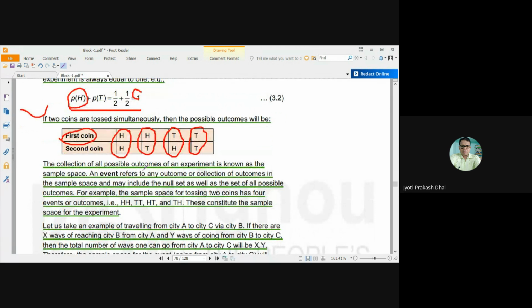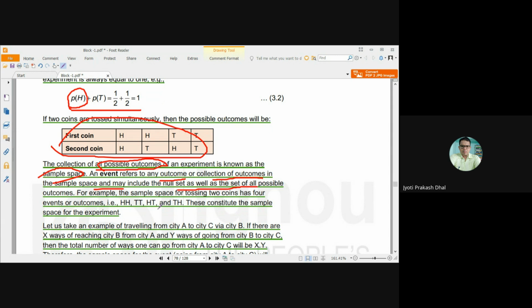The collection of all the possible outcomes in an experiment is known as the sample space. So here this is the sample space if two coins are tossed simultaneously. An event refers to an outcome or collection of outcomes in the sample space, and may include the null set as well as the set of all possible outcomes.